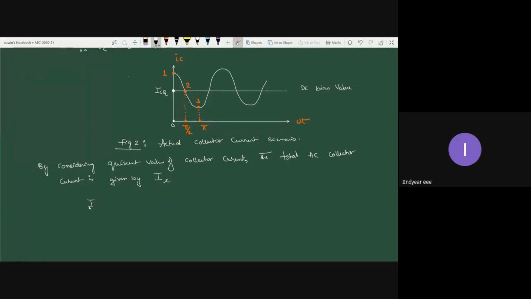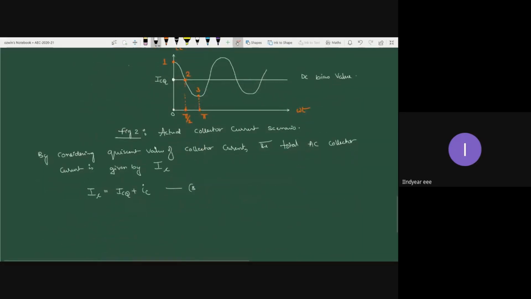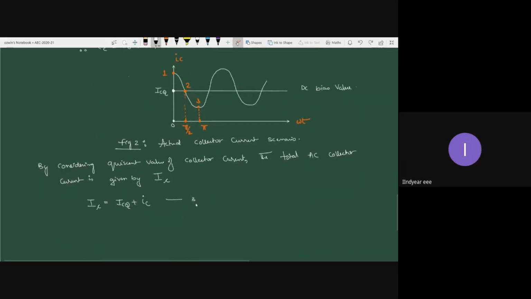That is, IC is equal to the quiescent value ICQ plus ic. Let's say this is equation 4. The previous was 3.